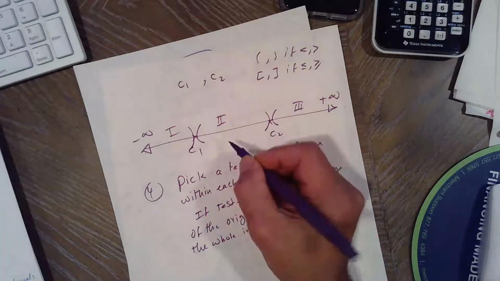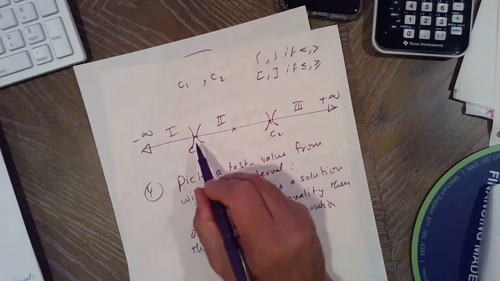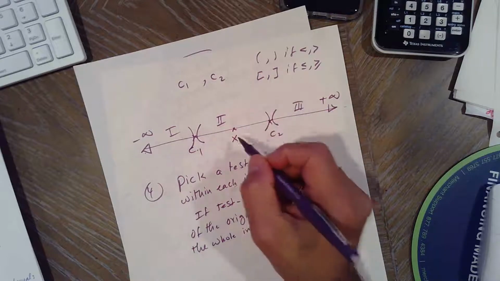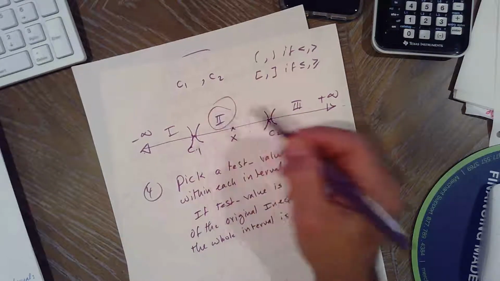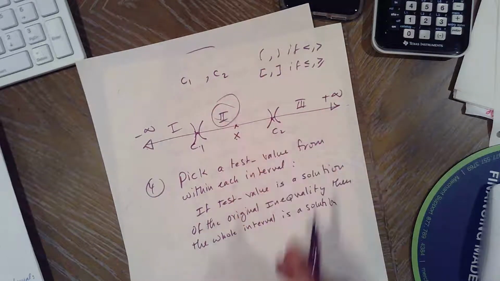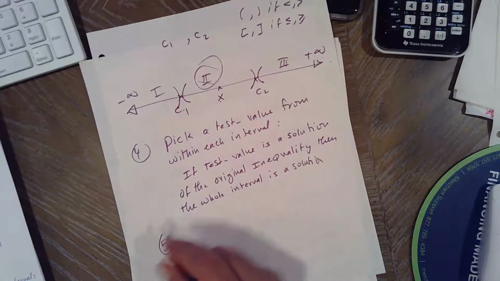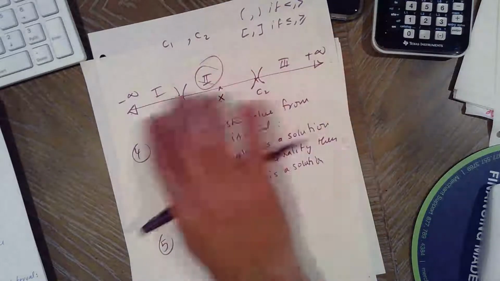So you pick a number between C1 and C2. You cannot pick C1 or C2. And you plug it into the original inequality. If it makes it true, then the whole interval is true. If it makes it false, then you cross out that interval. Okay? And then once you know which intervals are true, then this is your solution set.